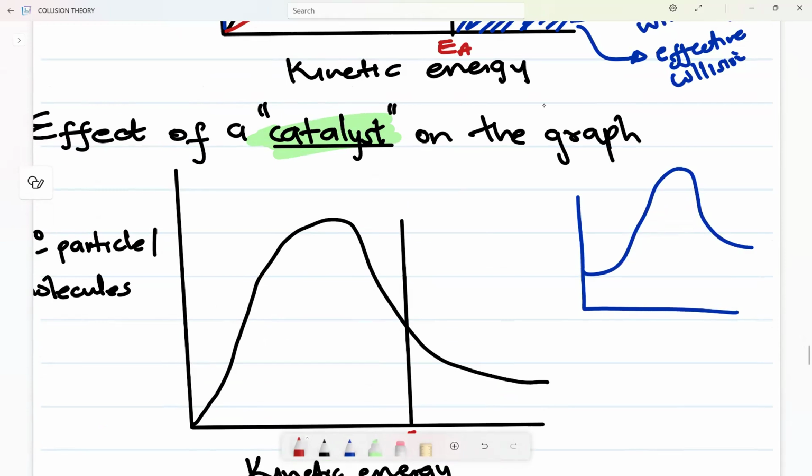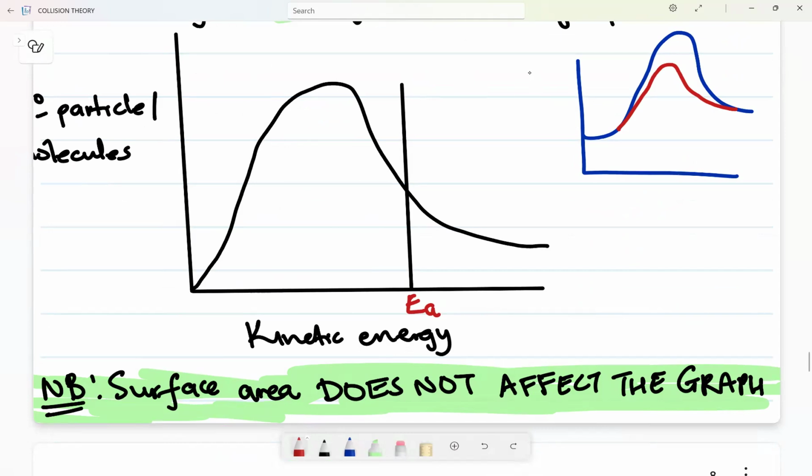That is what the catalyst does. What I have done is decrease the activation energy. It will be lowered, so we will have a new activation energy, maybe somewhere here.